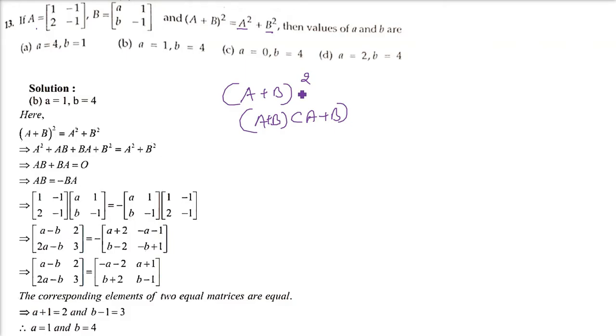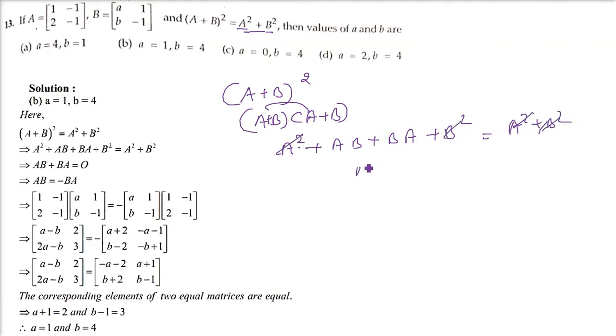So what do you get? A plus B into A plus B. A into A is A square. A into B, then B into A, then B into B, that is B square. And this is equal to A square plus B square. But what I am suggesting here is A square, B square gets cancelled.